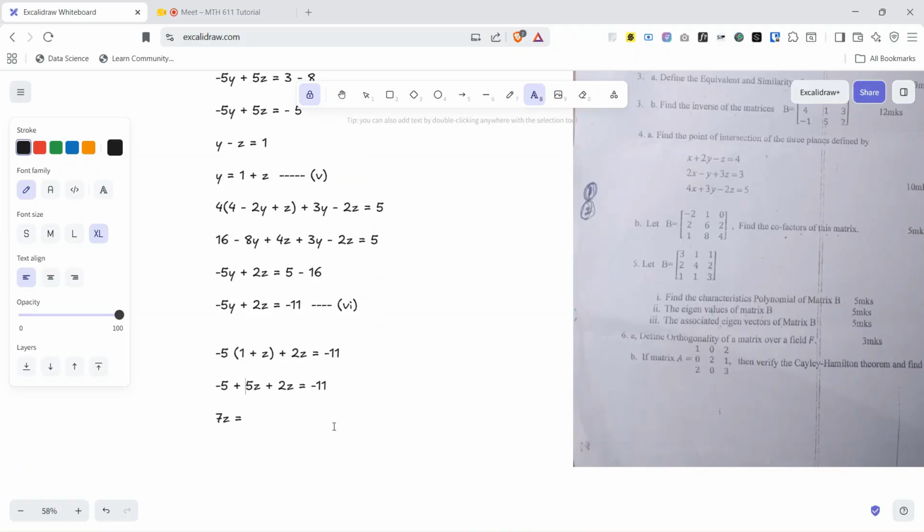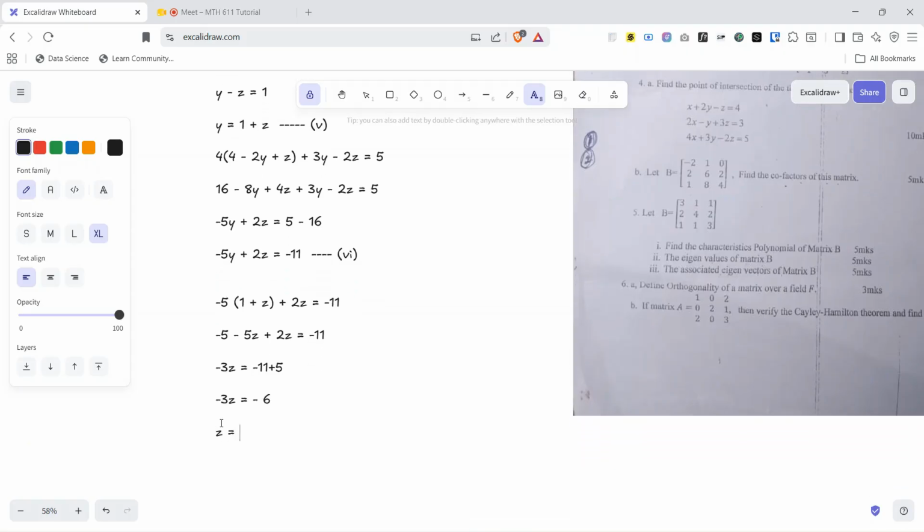Minus 5 times 1 is minus 5. Minus 5 times plus z is minus 5z. So this would be minus 3z instead. So this one will be minus 11 plus 5. Minus 11 plus 5, that's minus 3z equals minus 6. So it means our z would be equal to 2.